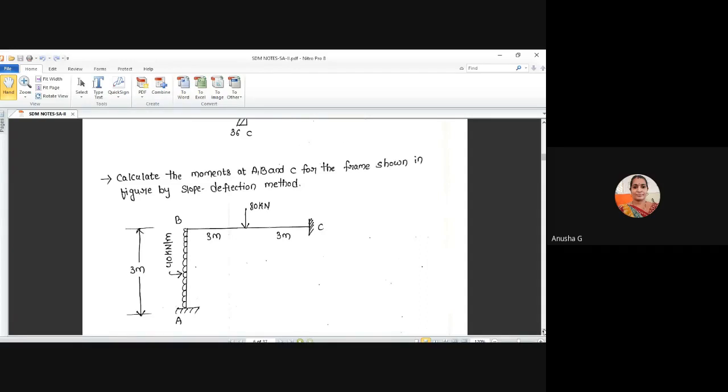Okay. Step 1, you have to calculate the fixed end moments based on the loads. Step 2, you have to calculate the slope deflection equation. And step 3, you have to calculate the equilibrium equations.